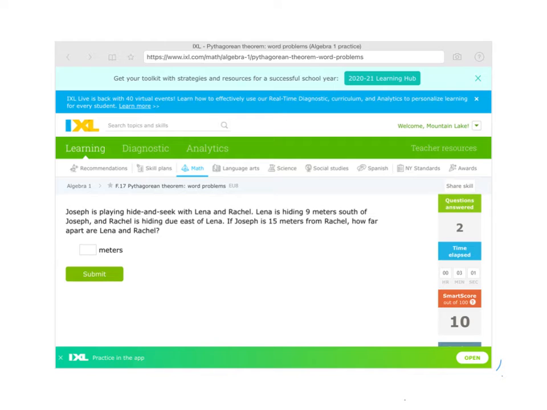So if Joseph is here, Lena is over here, 9 meters. If Joseph is 15 meters from Rachel, how far apart are Lena and Rachel? So Rachel would probably be here, and we know this is 15.